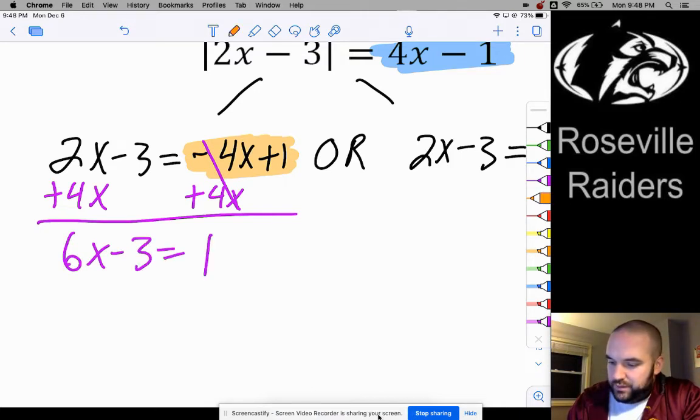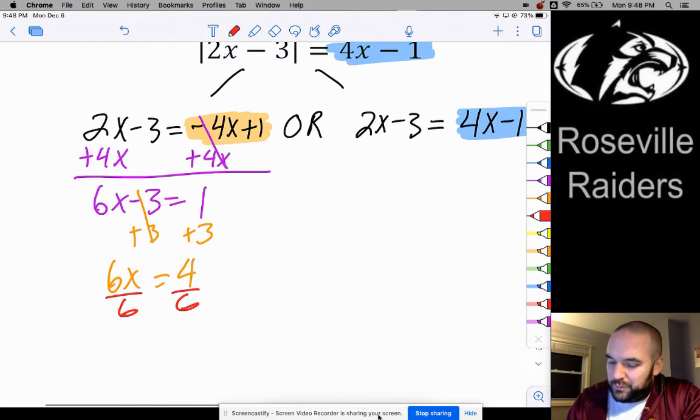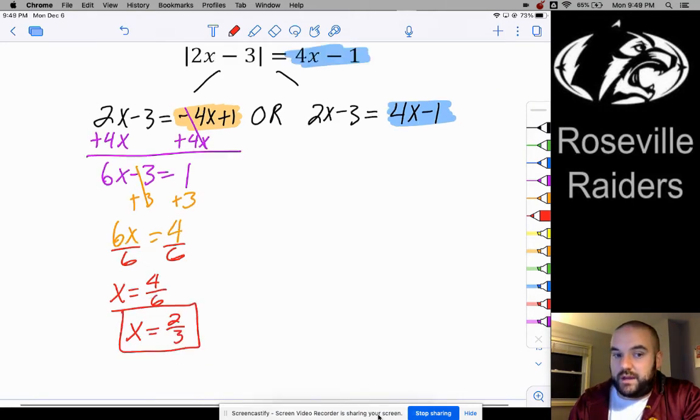I'm then going to add 3 to both sides. 6x is equal to positive 4. My final step is to divide by 6. x is equal to 4/6, which reduces to x equals 2/3. So for the time being, that is one solution.